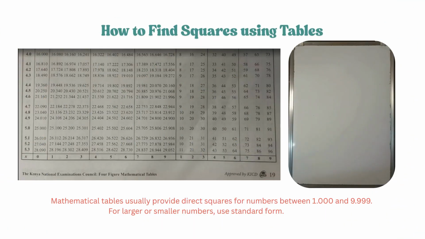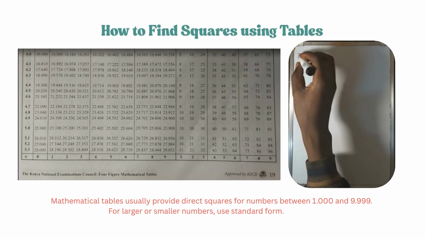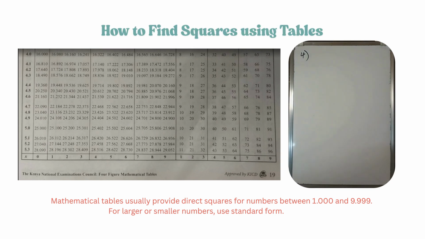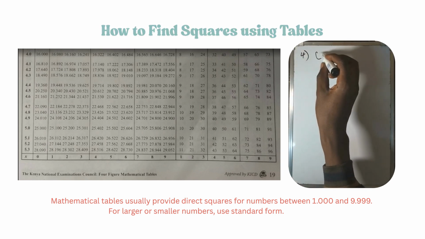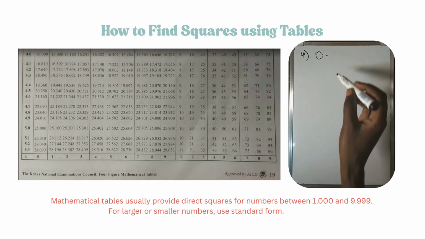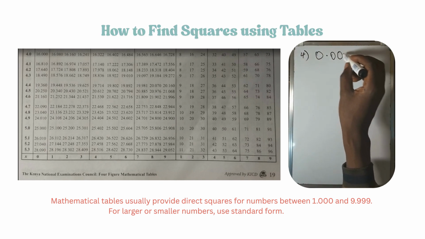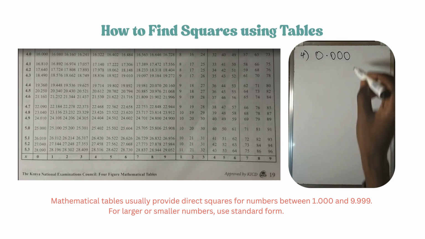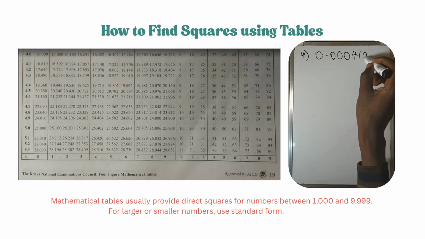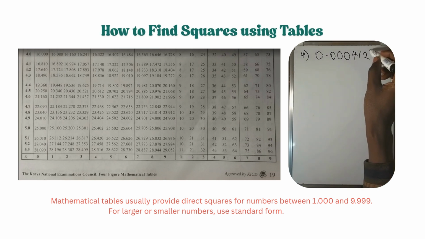Let's go to another example, example 4. Let's find the square of a number that is less than 1, 0.000412.